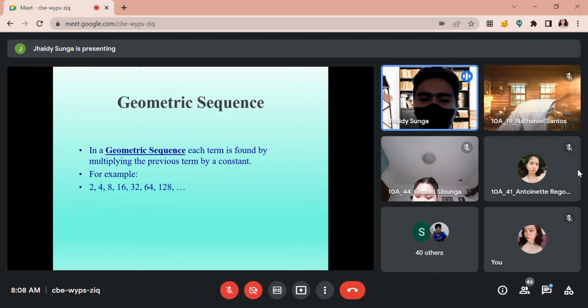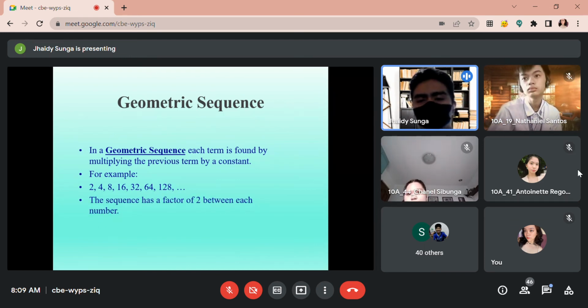We have the example 2, 4, 8, 16, 32, 64, and 128. Alright, so what we have here is this sequence. If you will notice, what would be the factor between this sequence? So we tend to have a factor of 2.